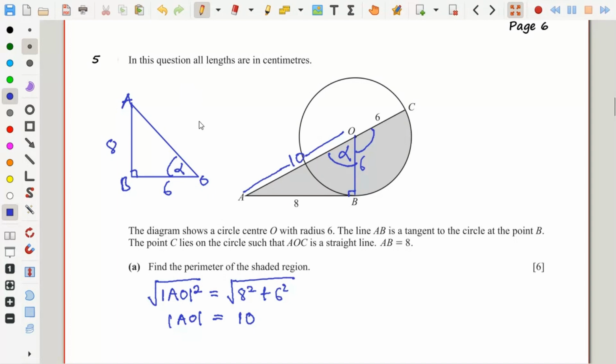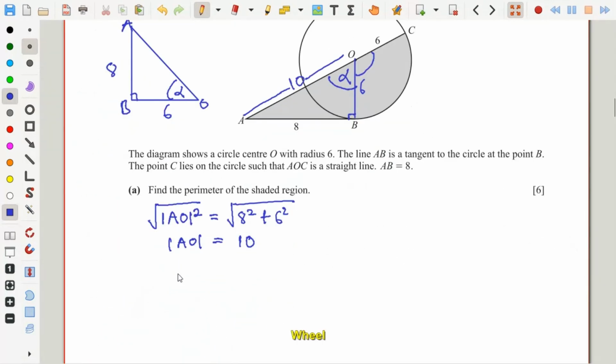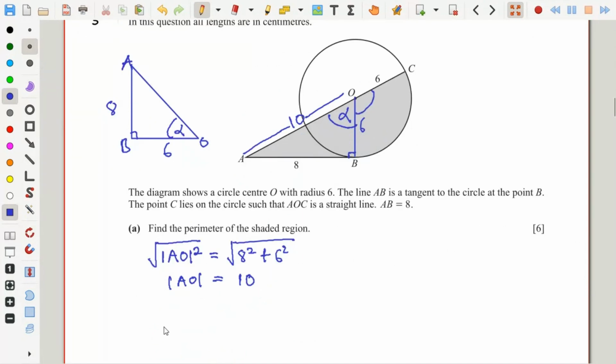So we can clearly see that tan alpha will be 6 on 8.